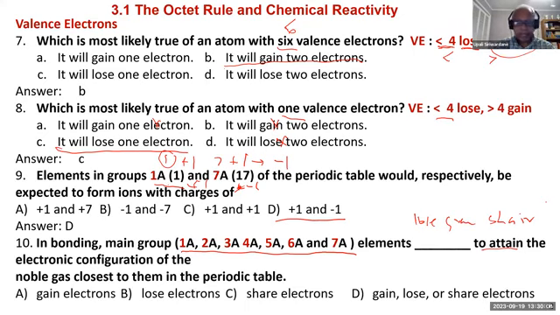So the answer is lose, gain, share electrons. We're going to look into a few more examples of chemical bond formation.